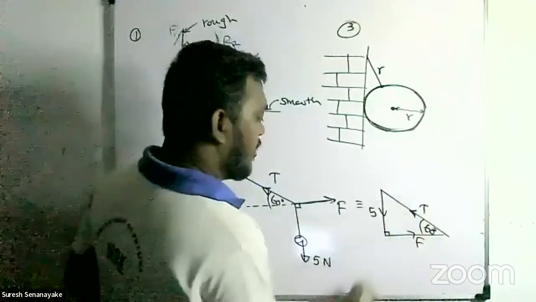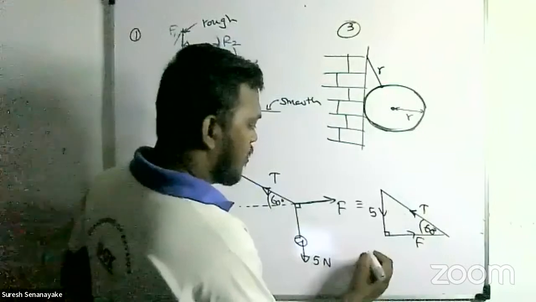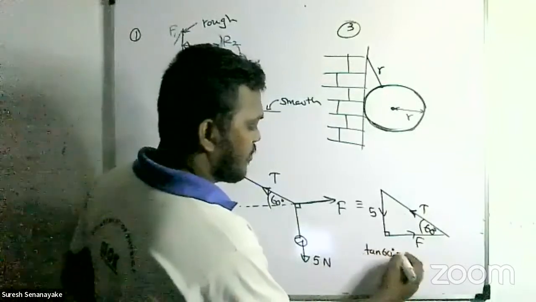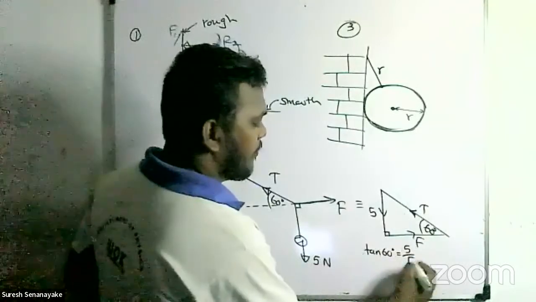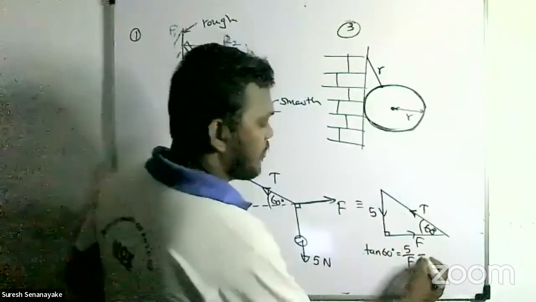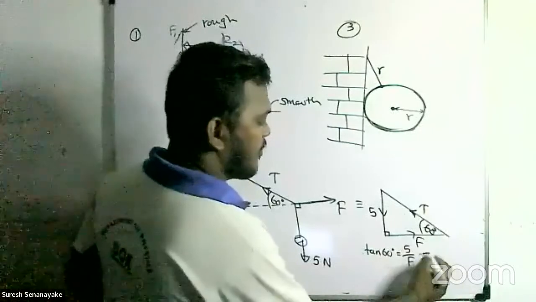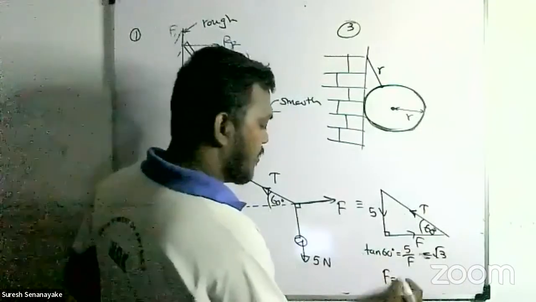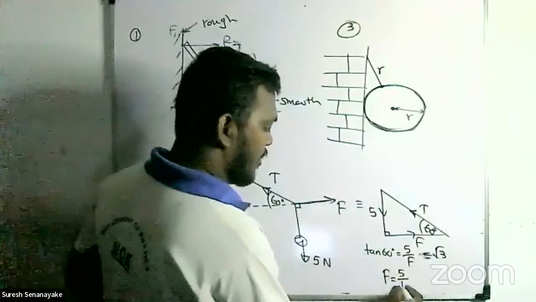Using this triangle, you can write tan 60 equals 5 divided by F. Tan 60 equals root 3, so F equals 5 divided by root 3.